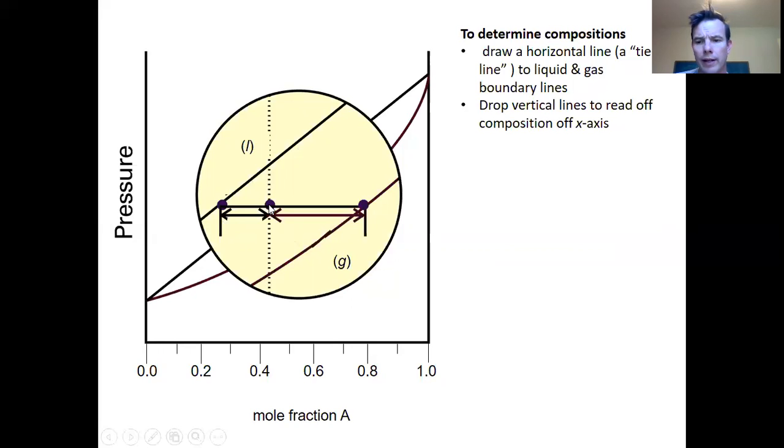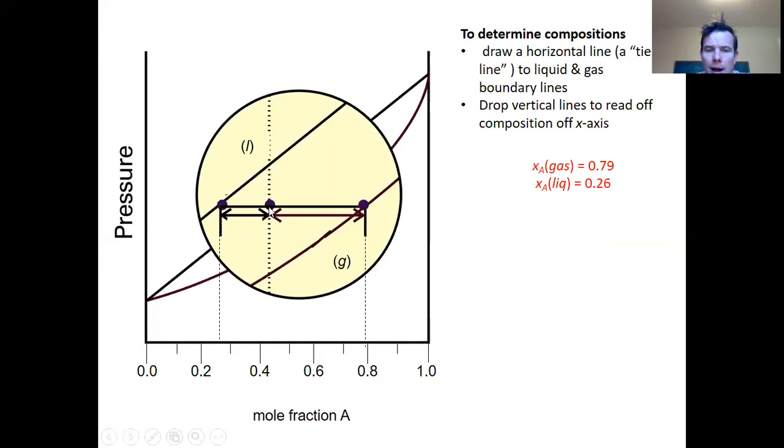And I asked, what are the compositions of the liquid and gas phases when the system is overall at this composition? So what you start by doing is drawing a horizontal line which connects the liquid and gas phases. The horizontal line is called a tie line. You then drop vertical lines down to the axes and read off.